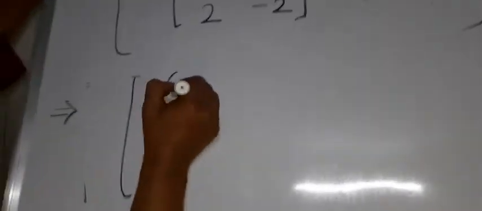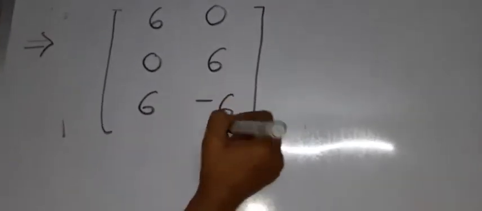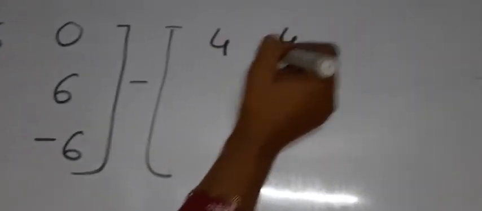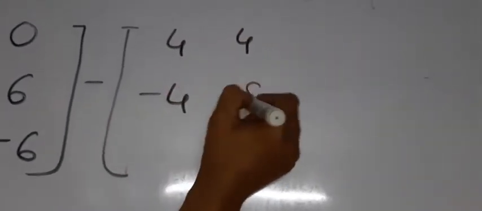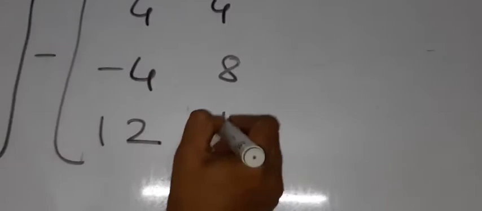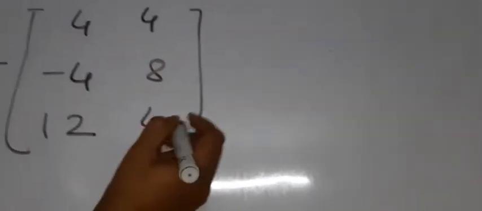What we get: 6, 0, 0, 6, 6, minus 6, minus 4 multiplied by 4, 4, 4, minus 4, 8, 12, 4, 1, 2, which is equal to what we are given, x minus 3, y minus 1, 2z.